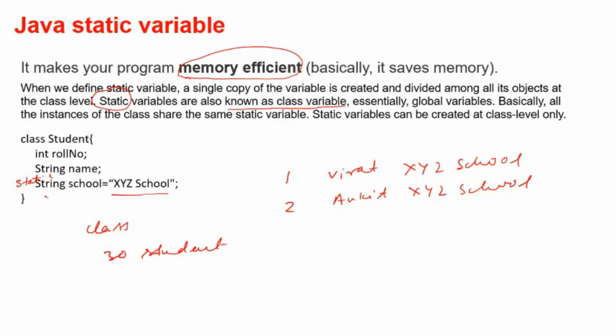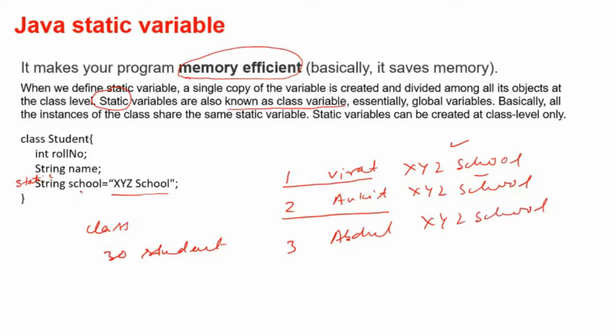So when we define a static string school, it is visible to all the objects. Another object is created with roll number 3, named Abdul, and his school is also XYZ.